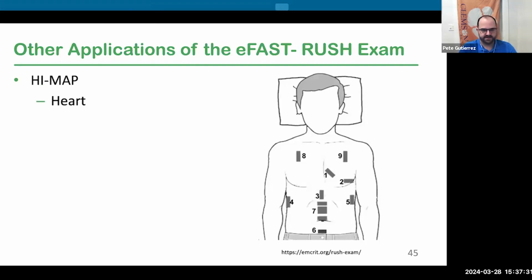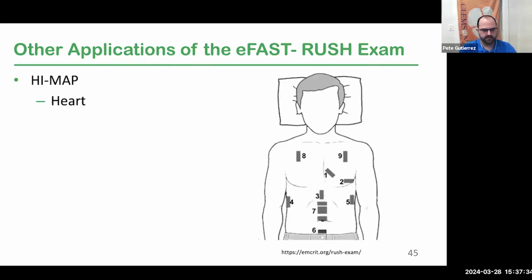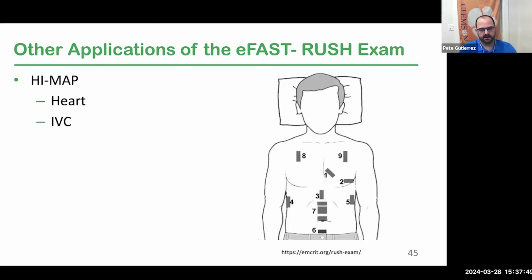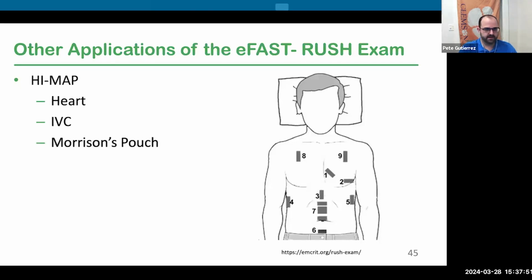So H stands for heart, so looking for cardiac activity, for qualitative LV systolic function, for signs of fluid around the heart, and signs of tamponade. Then looking at the IVC, so looking at the tank, checking for signs of hypovolemia. Looking at Morrison's pouch.